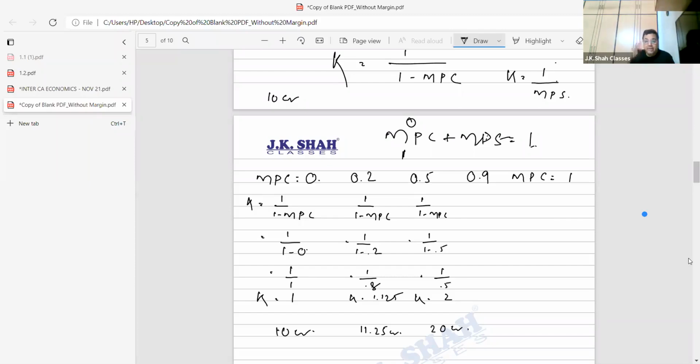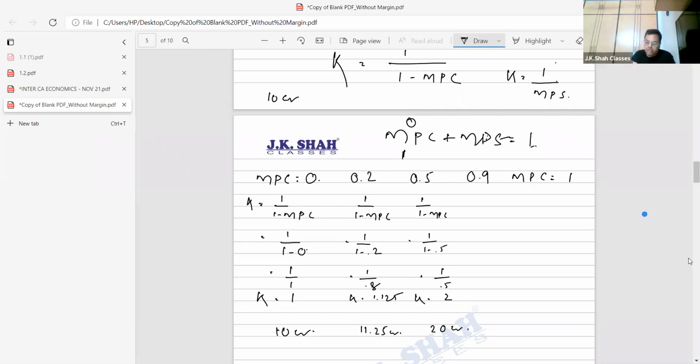I said yesterday, spend, spend, spend. If you spend 50% of your income, 10 crore becomes 20 crore. If you spend 20% only, 10 crore becomes 12.5 crore. If you don't spend, 10 crore will become 10 crore only.